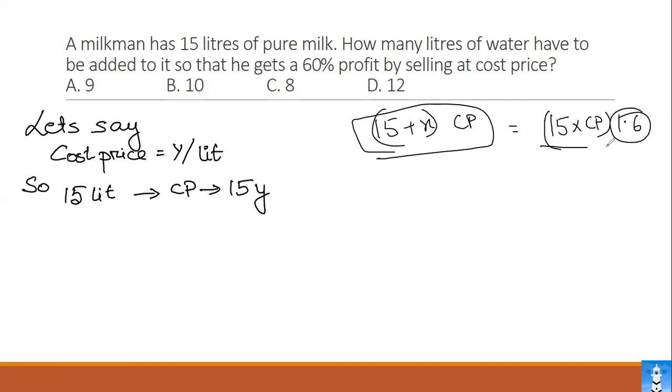So this is the total amount, not the per liter amount, that you have to make. This 15 liters would cost you 15Y. Now, if you had sold it with some profit without adding any water, then if you had made 60% profit, you would have sold it at this value. That's exactly what I'm saying over here.